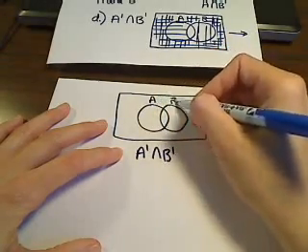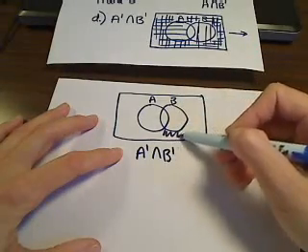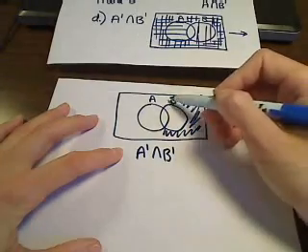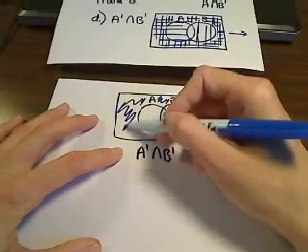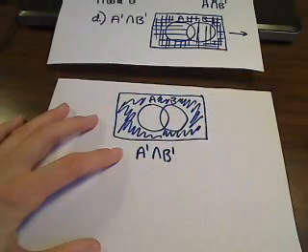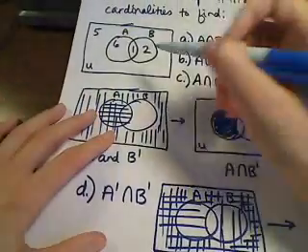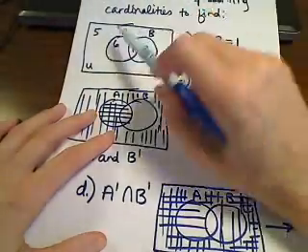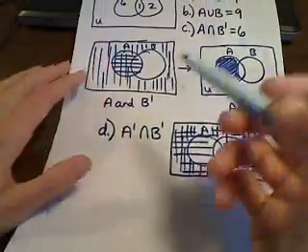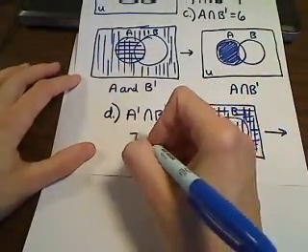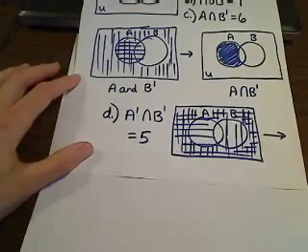Here's A, here's B, and it would be all the stuff on the outside of A and B, all of this region. If we go back to answer their question, what's on the outside of A and B here would just be the 5 elements. So A naught intersect B naught here would be equivalent to 5.